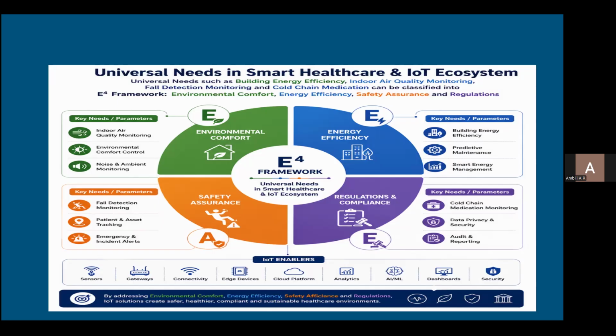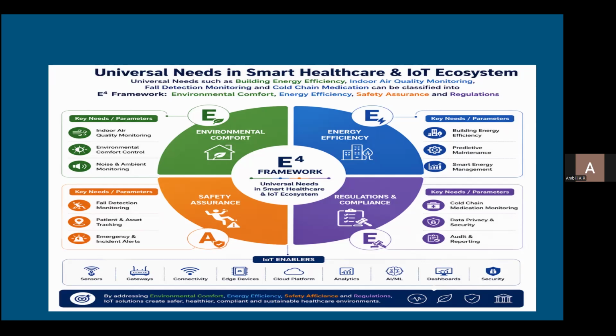Similarly, the second requirement is data privacy and security. Healthcare organizations handle sensitive patient information that must be protected from unauthorized access. IoT security frameworks help ensure confidentiality, integrity, and availability of healthcare data with the help of different techniques like federated learning and newer technologies like blockchain.